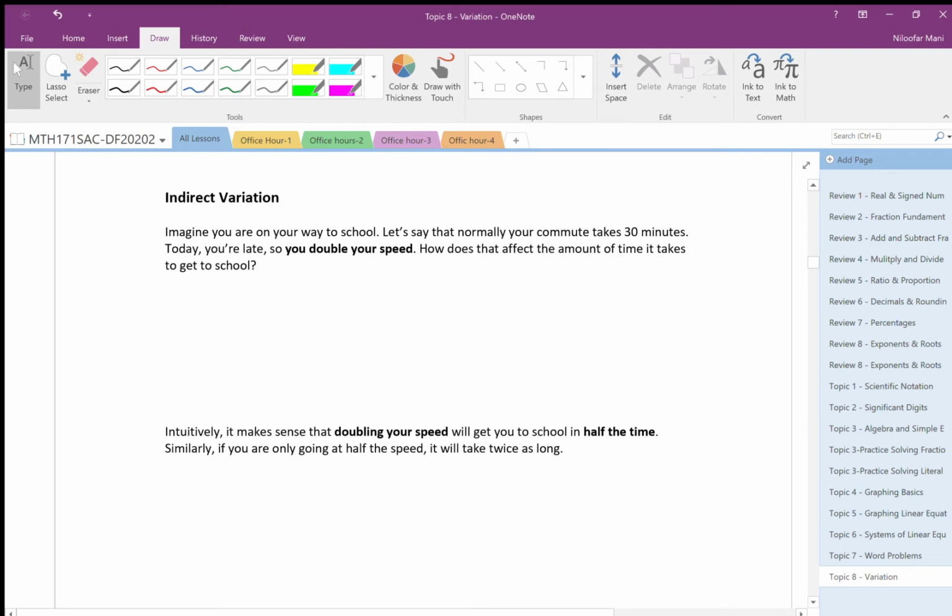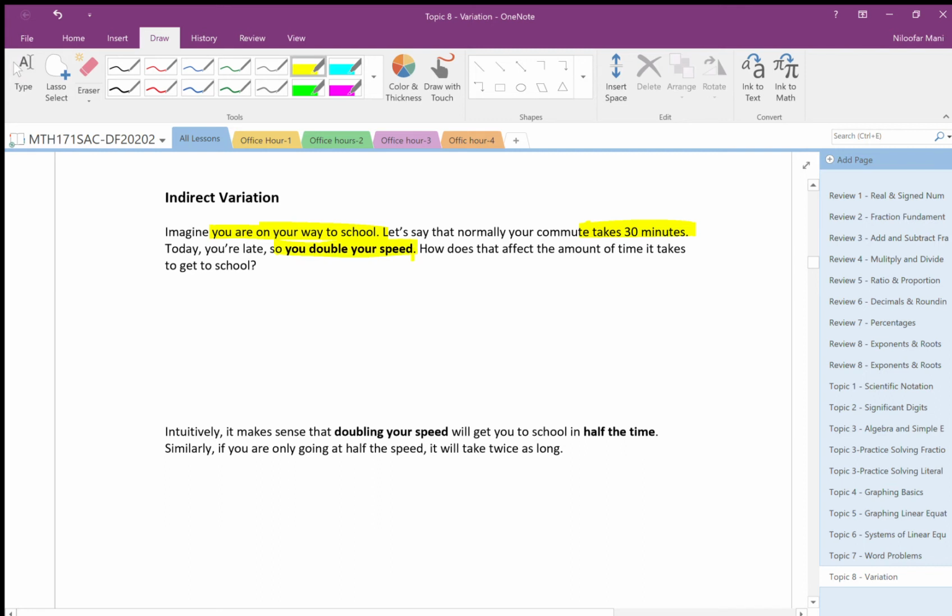It is exactly the same as the example I just used. Imagine you are on the way from home to school. Normally it takes you 30 minutes to go. Now you double your speed. What do you believe?